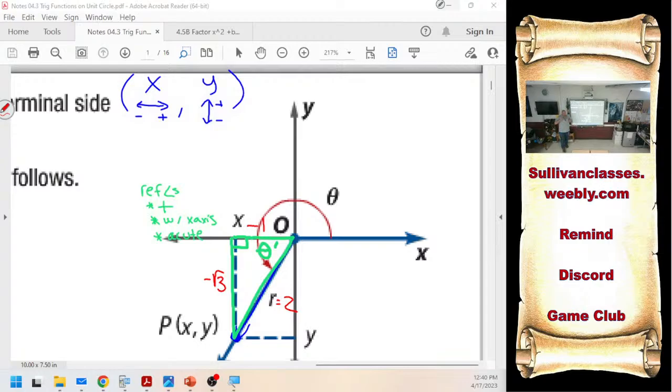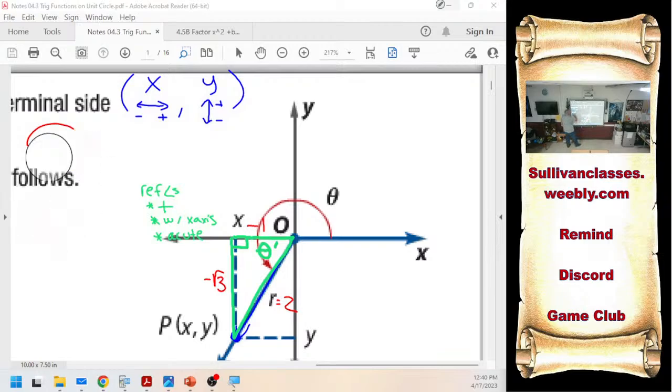Okay? The side length is 1. The side length is square root of 3. But because they're -1 and negative square root of 3, they're telling me which direction I'm going. Just like positive angles go this way. Wait, other way. Negative angles go this way and positive angles go that way. Right? So the negative only means direction. Okay?